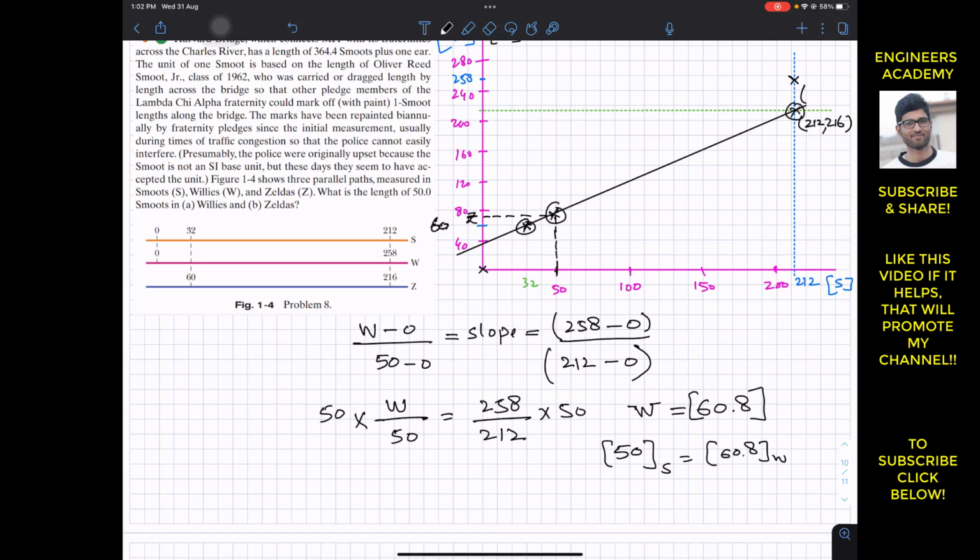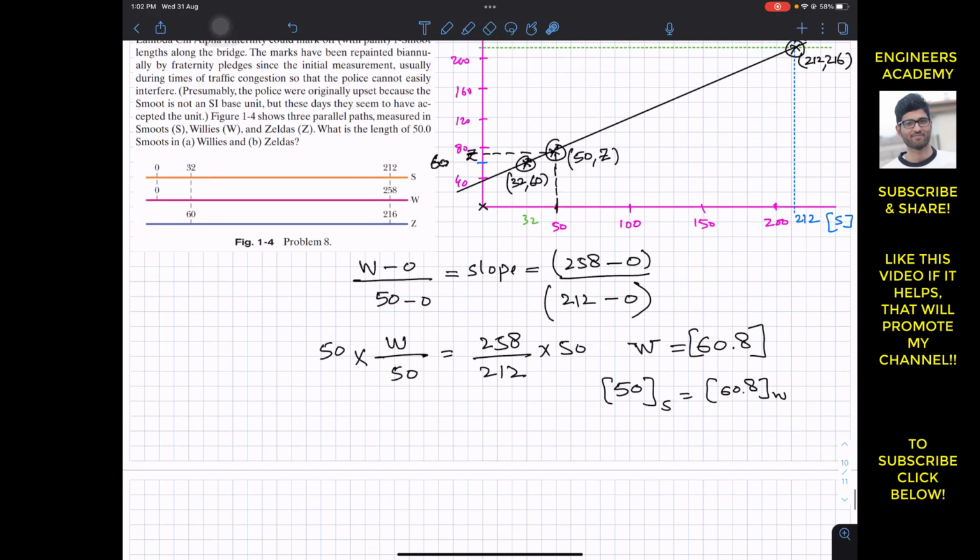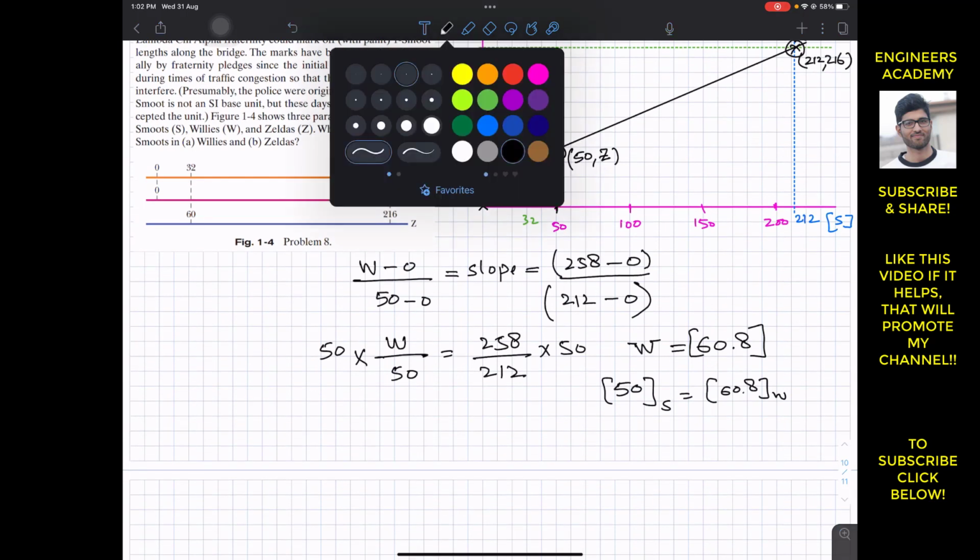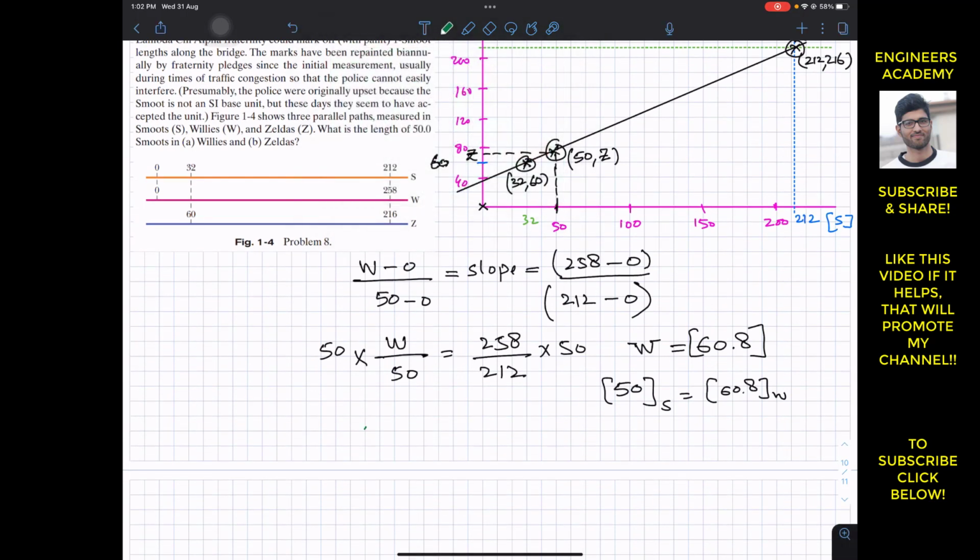The coordinates of this particular point are 50 and z is not known. The coordinates of this point are 32 and 60. So the slope between these 2 points and the slope between these other 2 points will remain the same. Let's write the equation for the slope again.